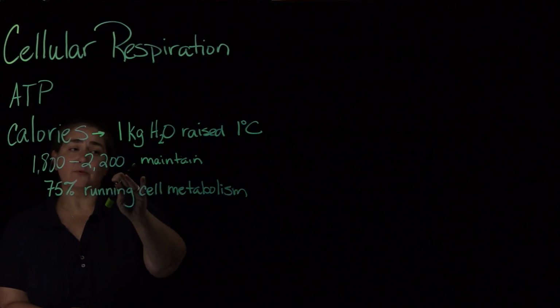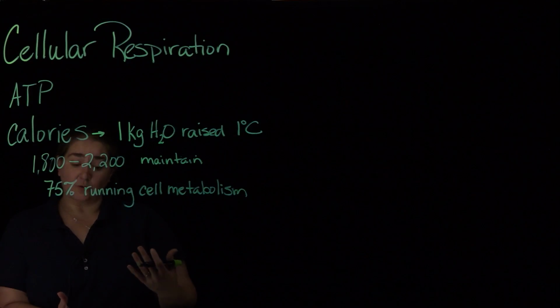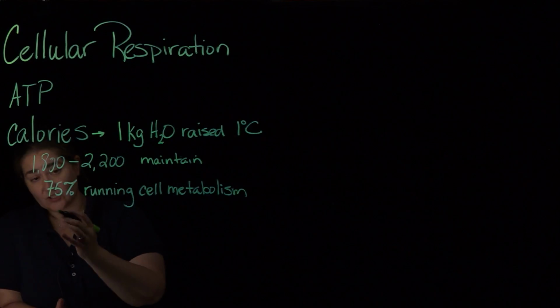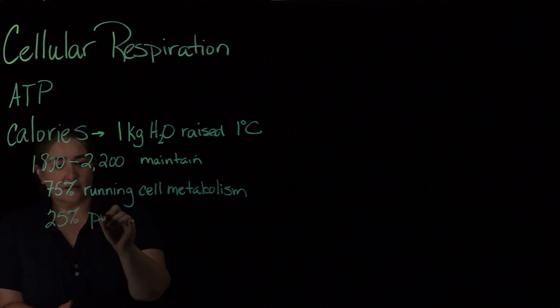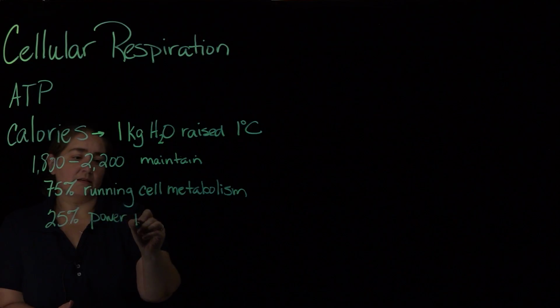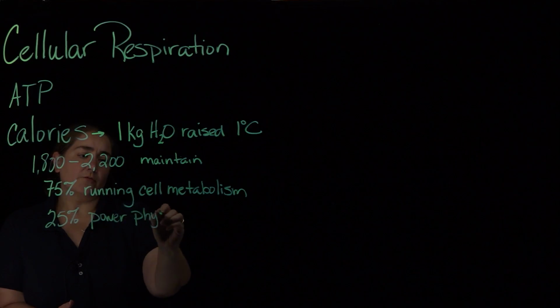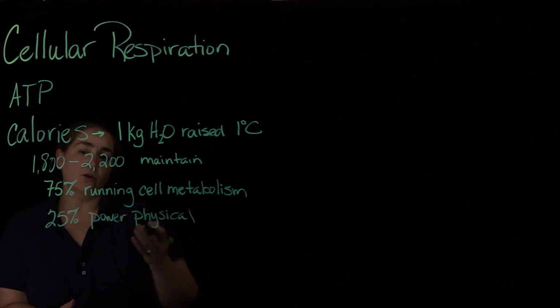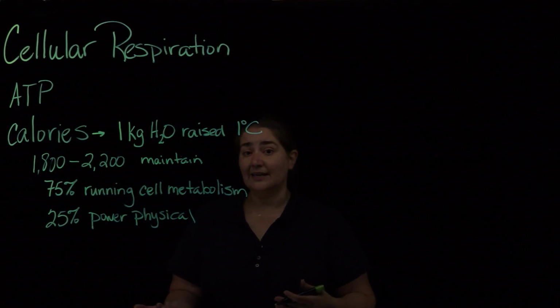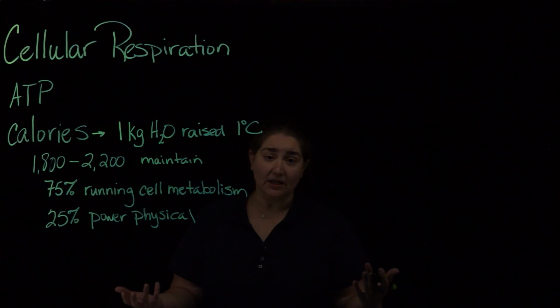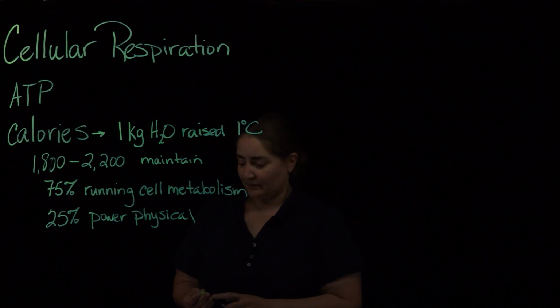So 75% goes to general maintenance, just to maintain the body. About 25% is going to power whatever physical activity you do, whether that be running, biking, swimming, chasing after kids, things like that.